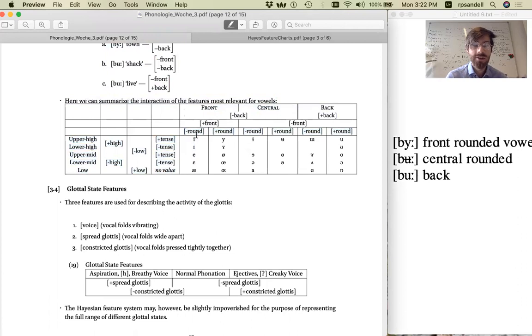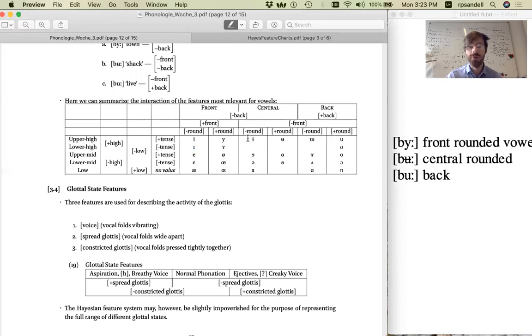So we have, for instance, the upper high vowels, which have the feature plus high, the upper high front vowels like E. And if we change the value in tense, then we end up with a vowel like I. We can also change the corresponding roundness to produce vowels like U and U. And if we move back by changing the feature front to minus front, then we obtain central high vowels. And finally, by adopting the feature back, we obtain back vowels.